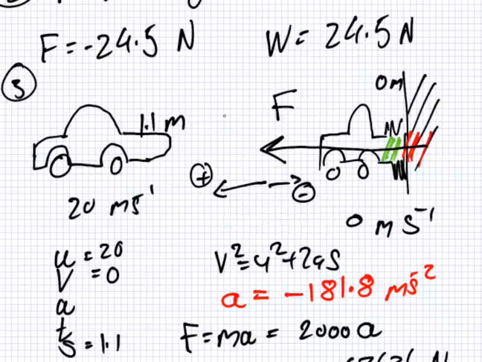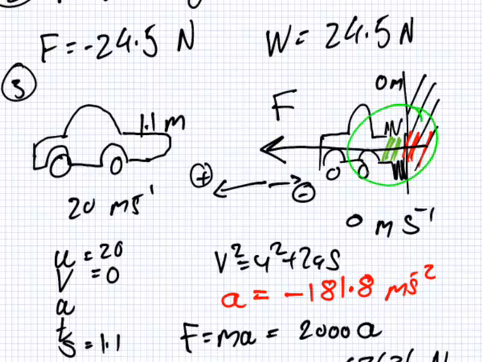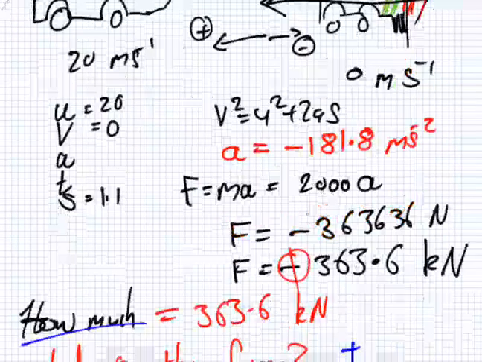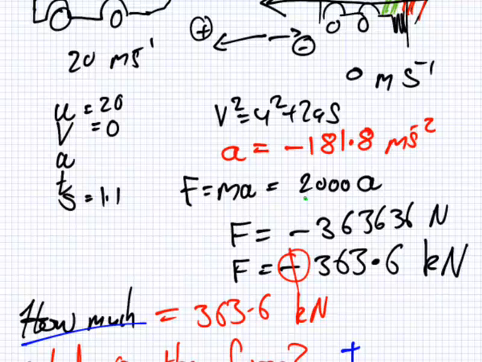If you call left plus and right minus, I don't want you to worry too much about the signs. You can give the answer here as plus or minus, because I actually say how much force is the wall applying. Usually when we say how much, we don't care about the minus.